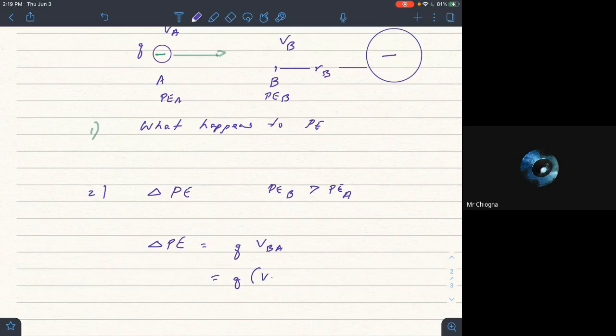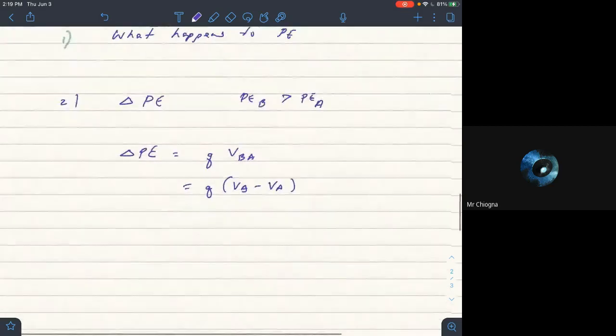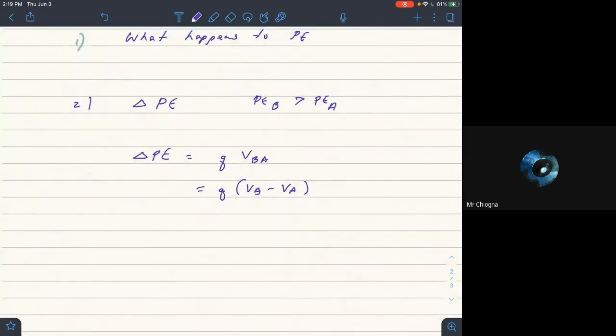This is the longer one. VA is KQ over RA. VB is KQ over RB. That's what you need.